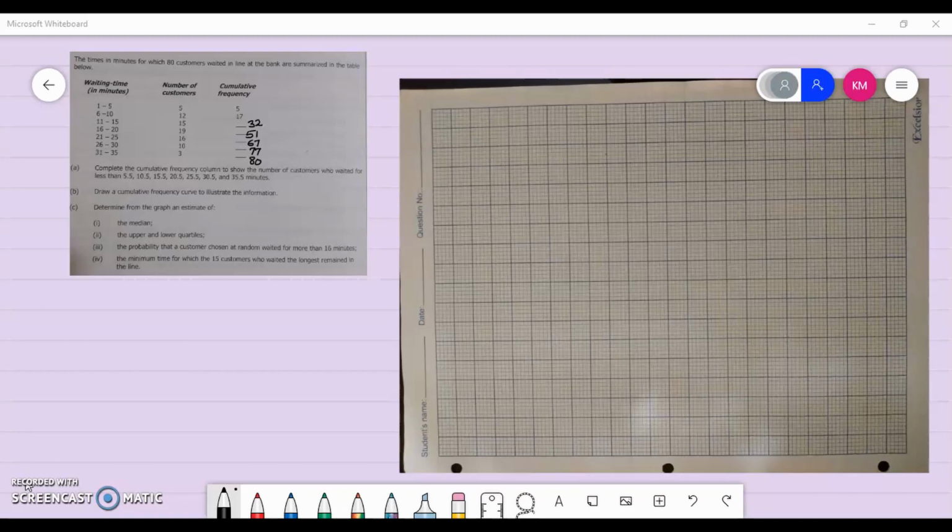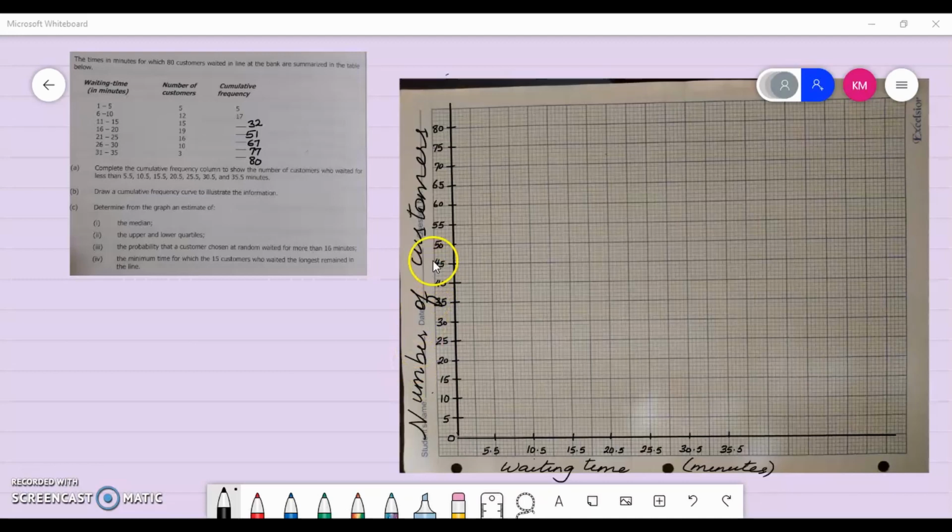So on my graph paper, I'm going to draw up my axes. So I have labeled my axes. My y-axis is going to represent my number of customers, and my x-axis is going to be my waiting time in minutes. So now I am ready to draw my graph.